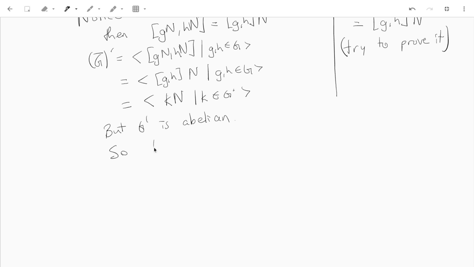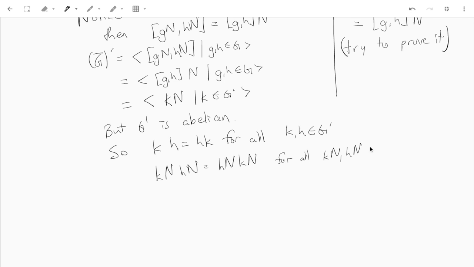So kh equals hk for all k and h in G prime. Okay, that means kN hN equals hN kN for kN, hN in G bar prime.